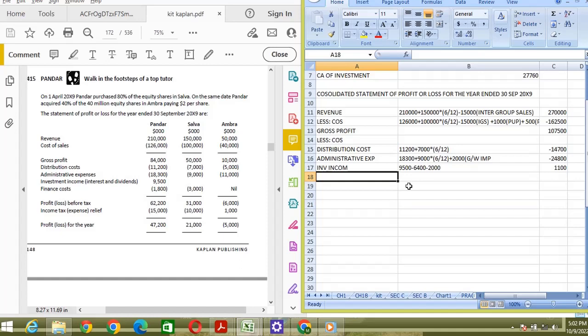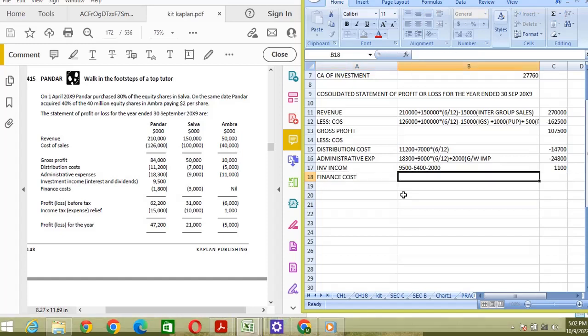Okay, then after that, finance cost. I told earlier, if one company is giving the interest, it's an expense for that company and income for the other company. So we need to remove this amount from both sides, as we have removed the interest income from the parent. So we still need to remove it from the finance cost of the subsidiary.